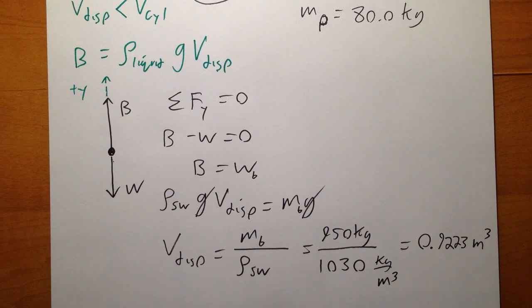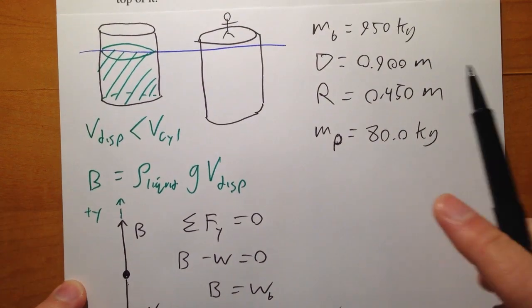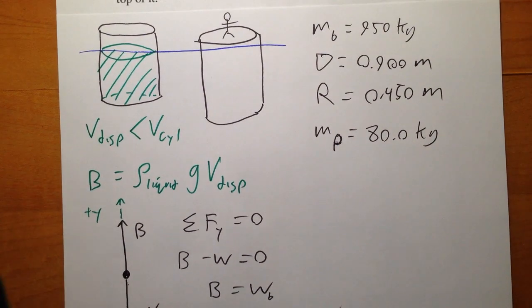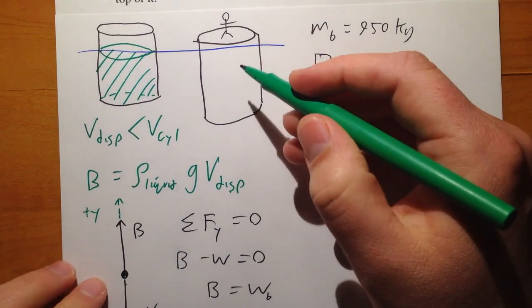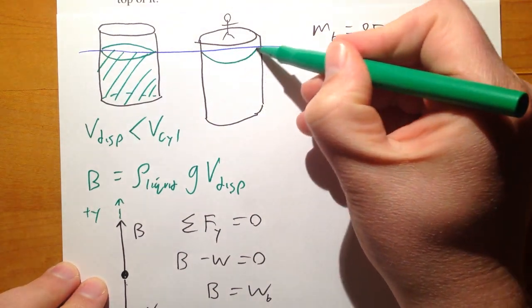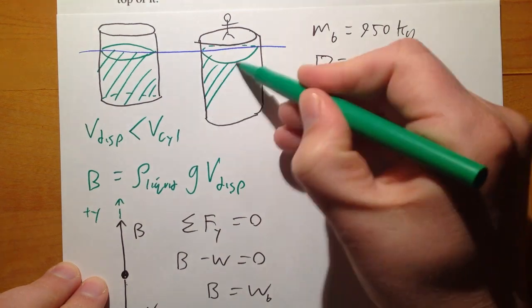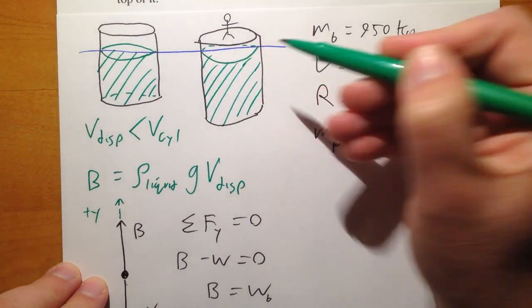Now we can figure out the volume displaced in the second case over here. Let's say now this person steps on the buoy and it sinks, so now the amount of water which has been displaced is larger.